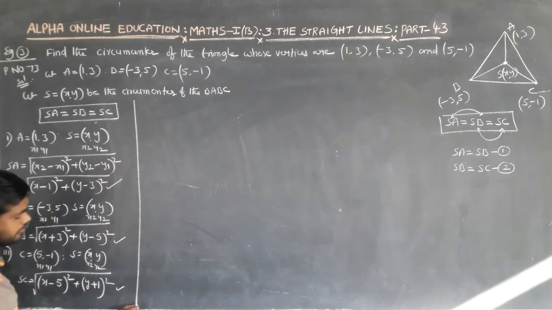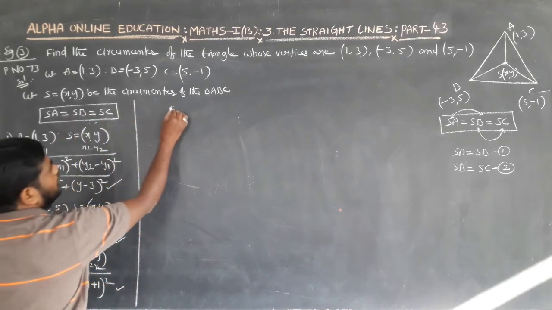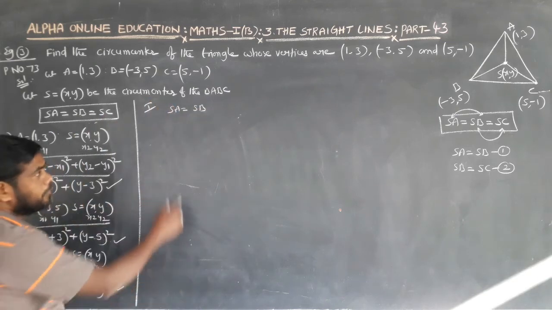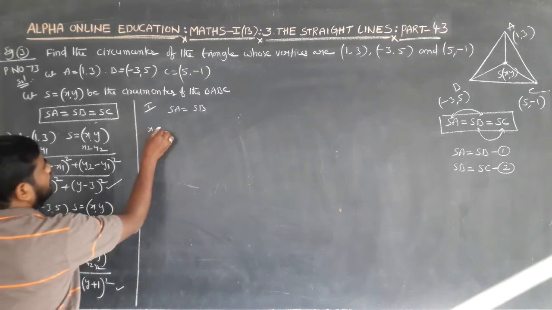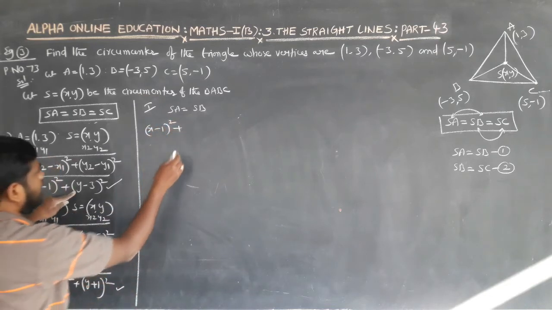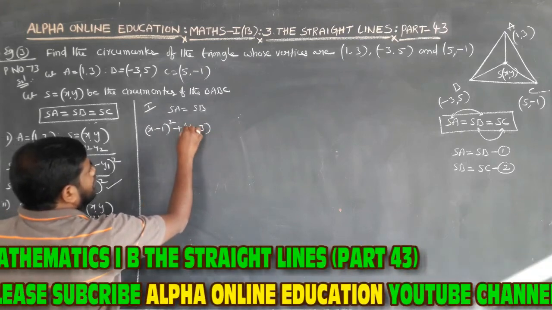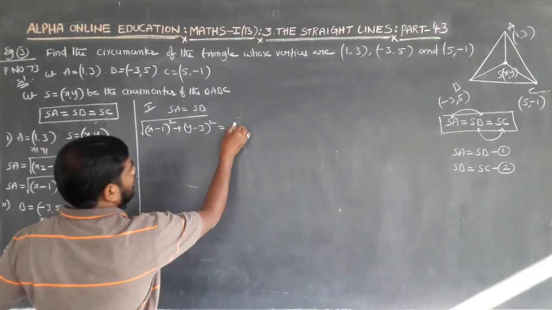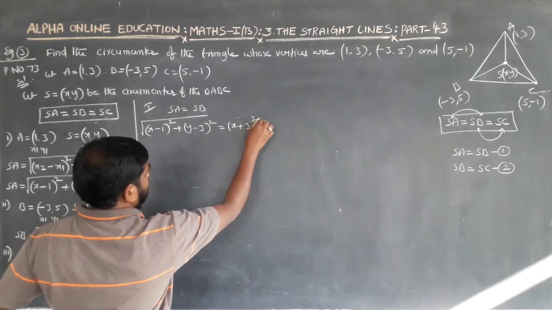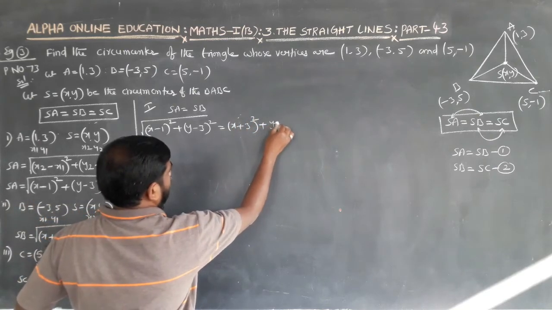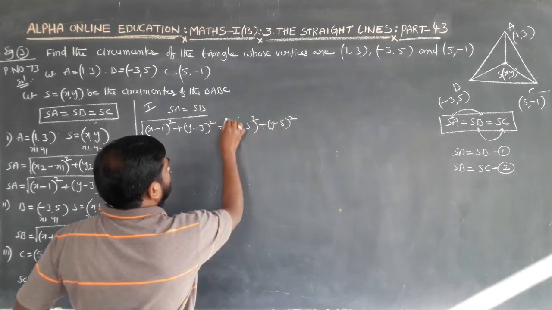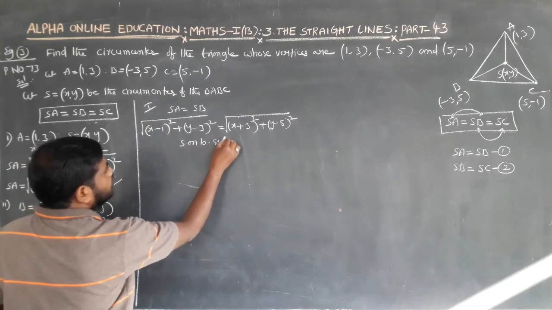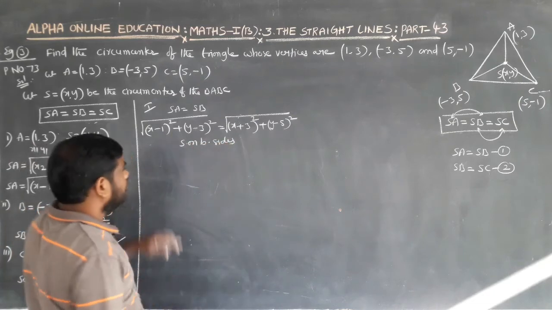Equating number 1, SA is equal to SB: the square root of (x minus 1) whole squared plus (y minus 3) whole squared is equal to the square root of (x plus 3) whole squared plus (y minus 5) whole squared. Squaring on both sides, the square roots cancel.